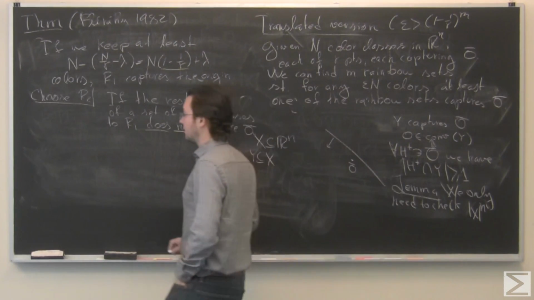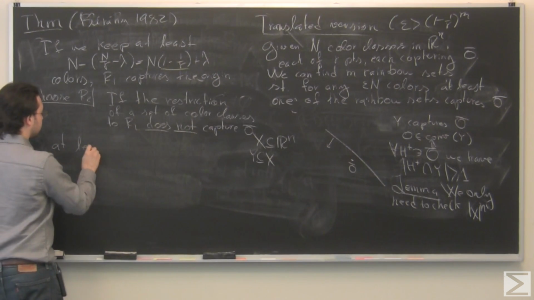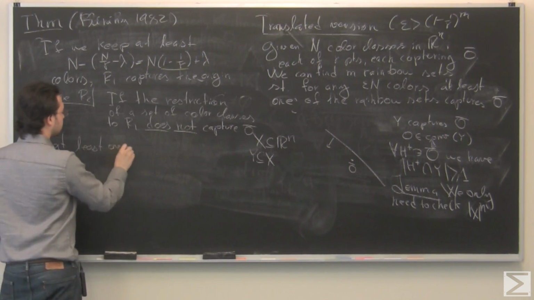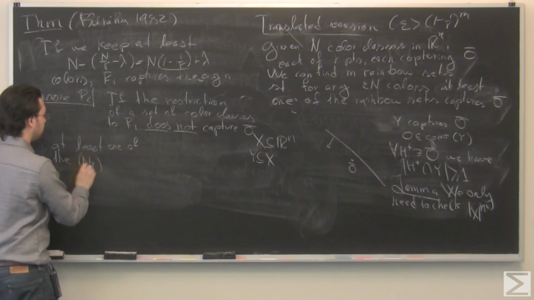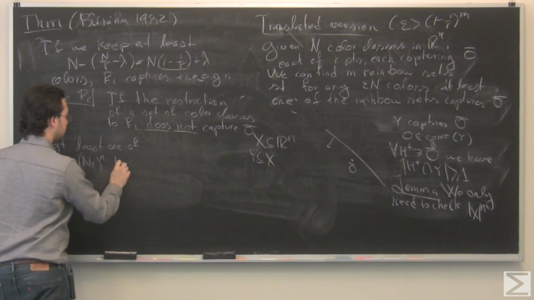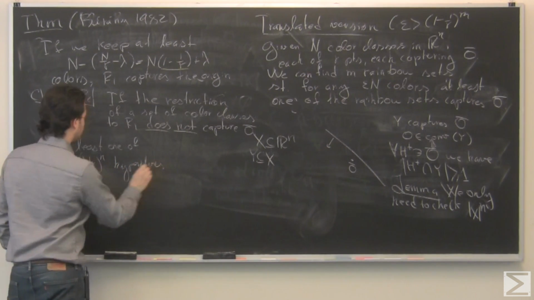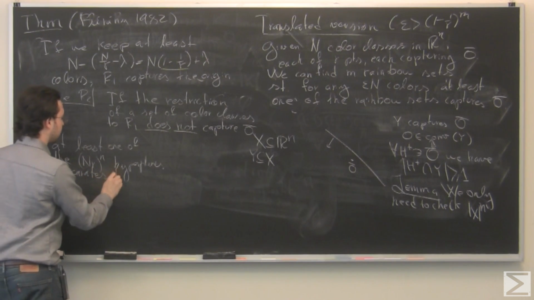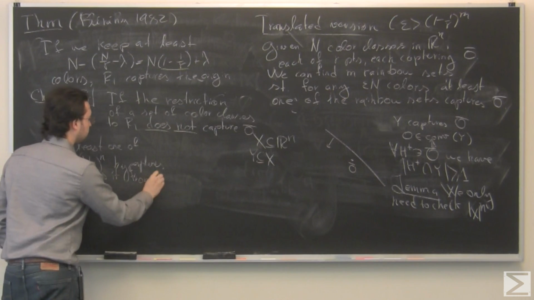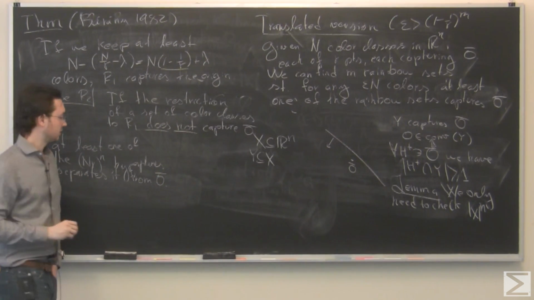So at least one of the n over O to the n special hyperplanes separates it from 0. Okay?